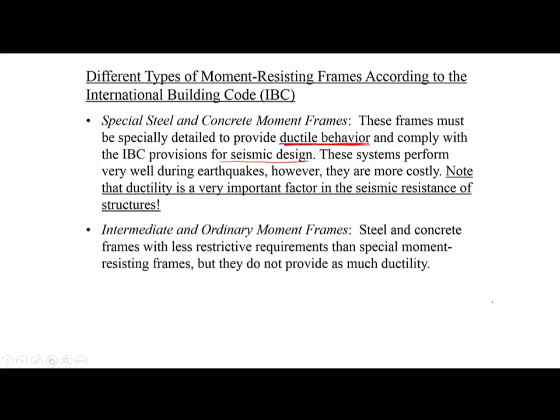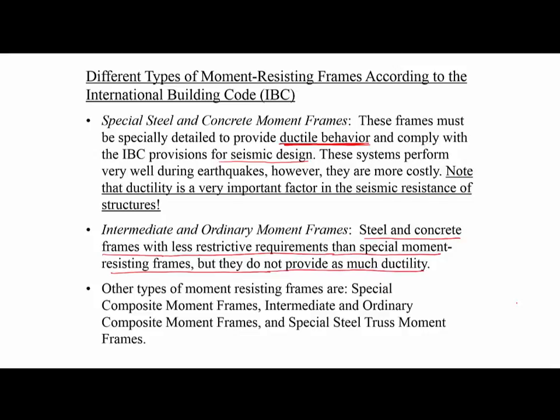The other types of moment frames are intermediate and ordinary moment frames. These steel and concrete frames have less strict requirements than a special moment resisting frame. They do not provide that much ductility, and they can be used in areas where seismic activity is not much and we do not expect very large earthquakes.